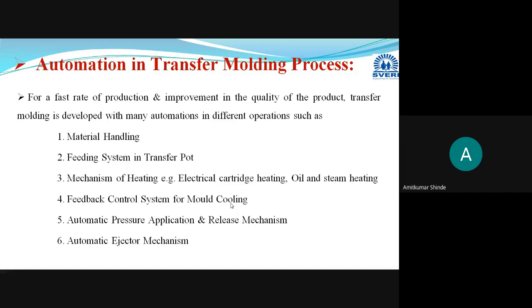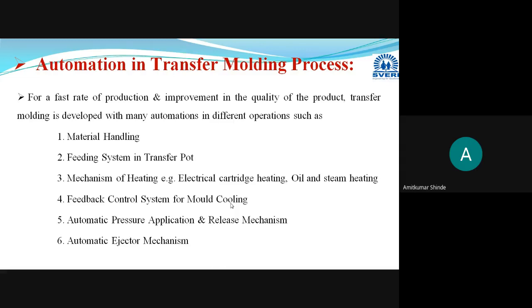So in various stages, starting from material handling, then feeding, heating, cooling, the application of pressure, and in the last stage, ejecting of the component, we can do some automation, or certain mechanisms can be used in this transfer molding process.